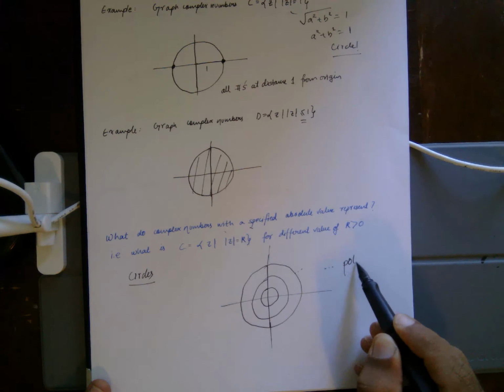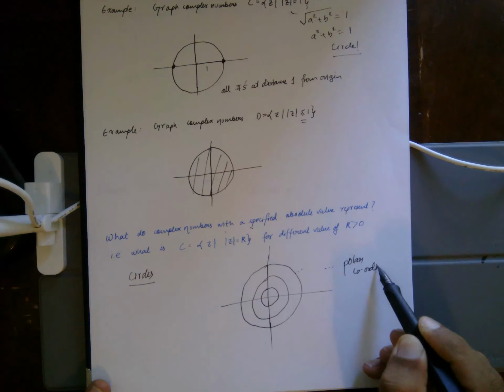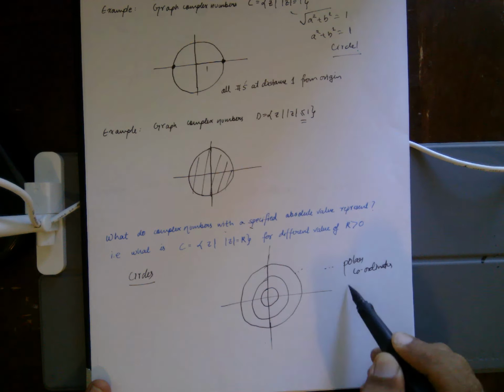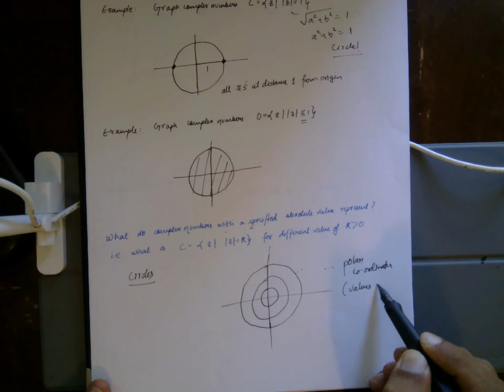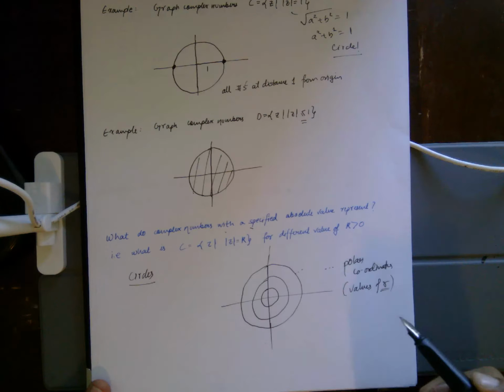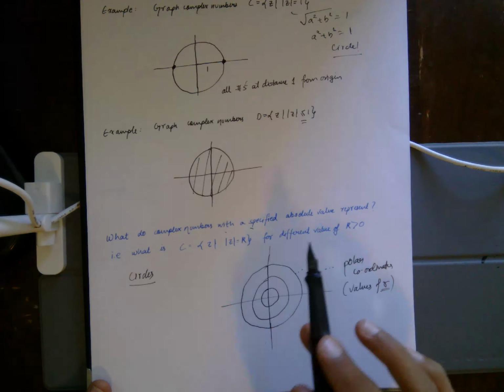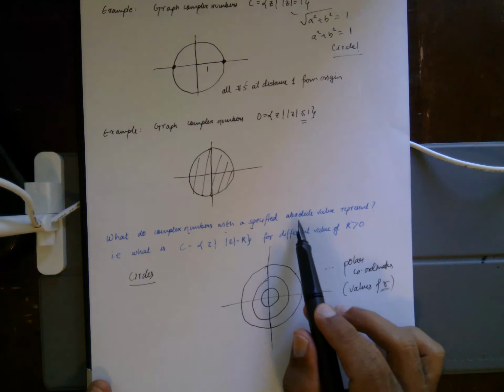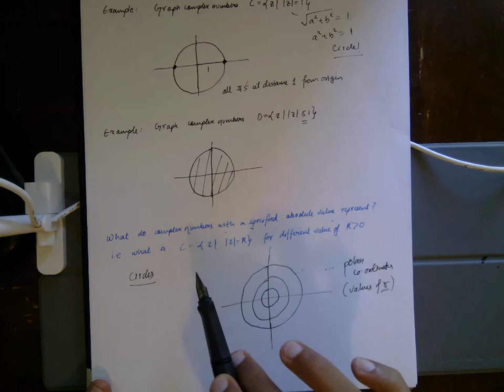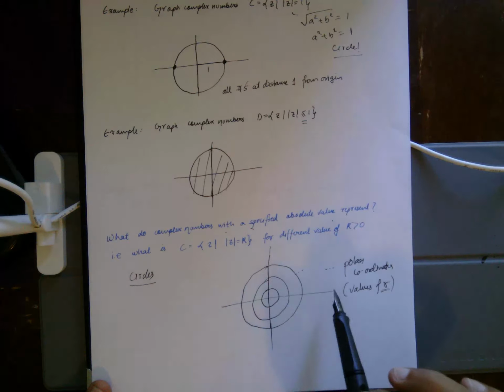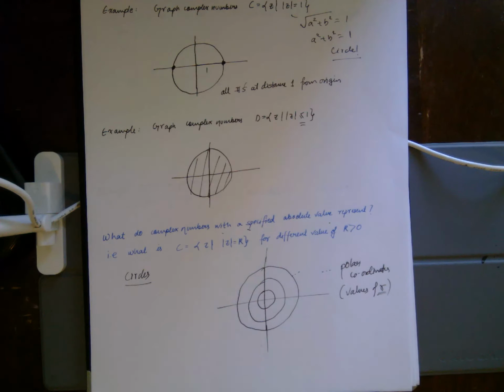We've seen this in polar coordinates for values of r. Remember? Different values of r, we get concentric circles. And for different values of absolute value of the complex numbers, we get concentric circles. So that gives us a notion that they might be related, which is what we're going to explore in the next video.